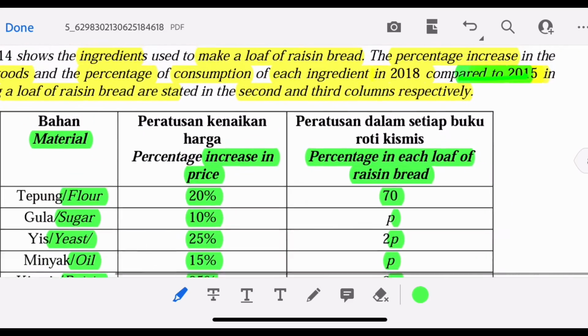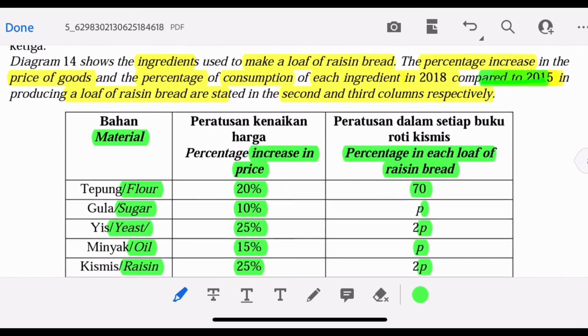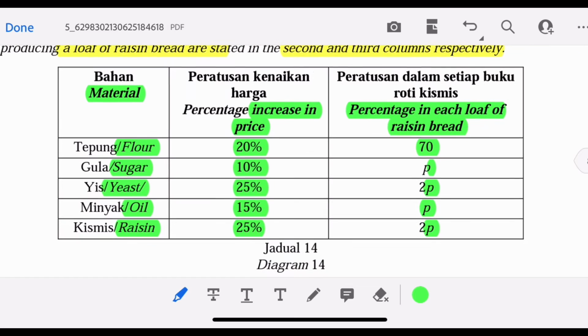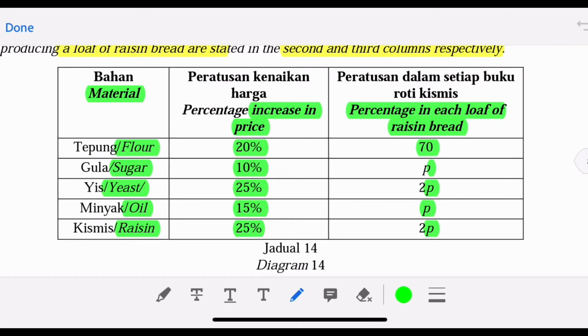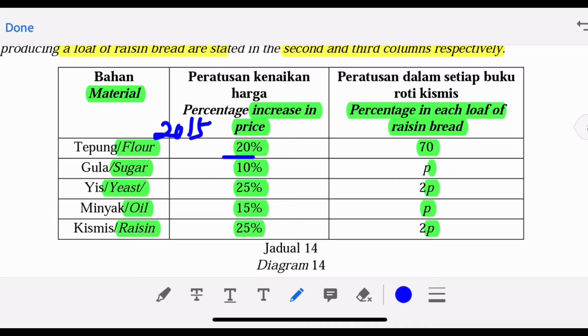So since the price increased from 2015, we can just say that 2015 is 100%, 2018 will become 120%, and then this applies to the composite index, to the price index. Composite index we will multiply by the weightages.